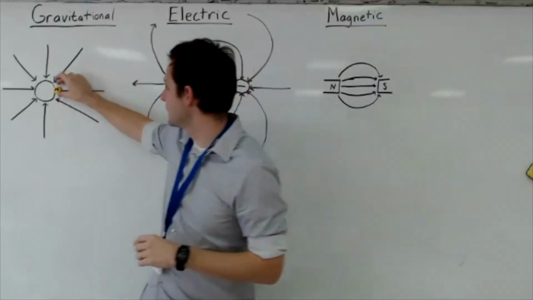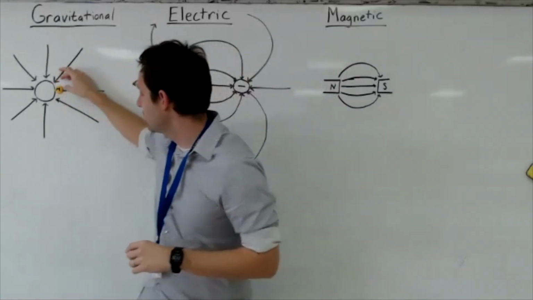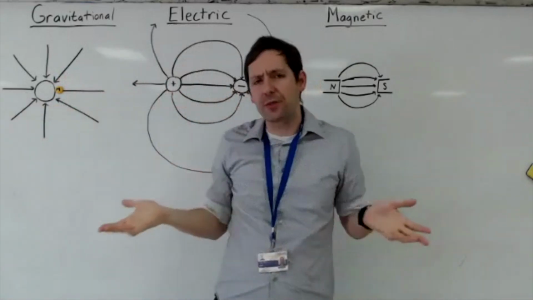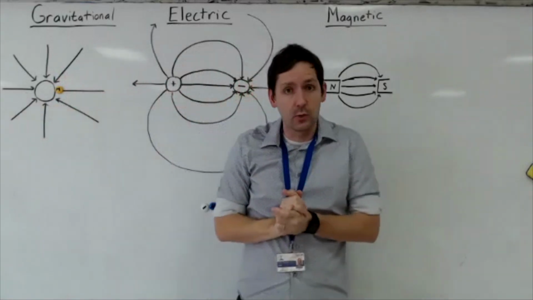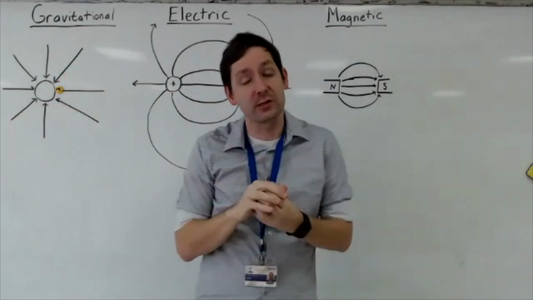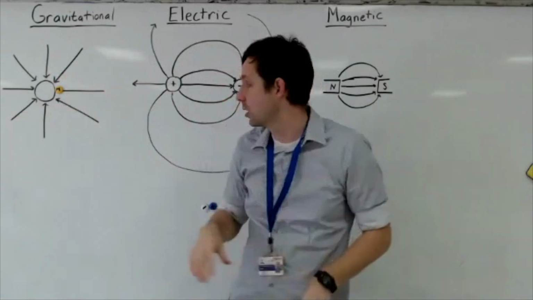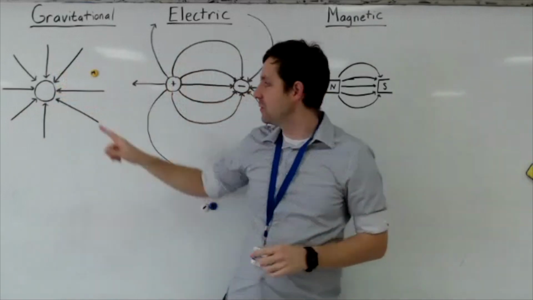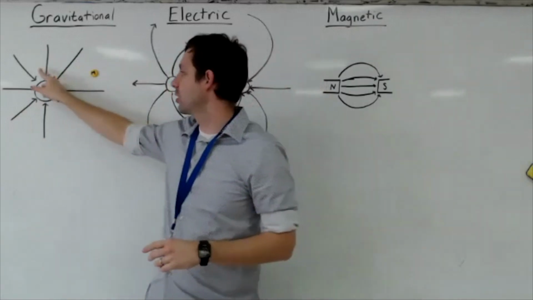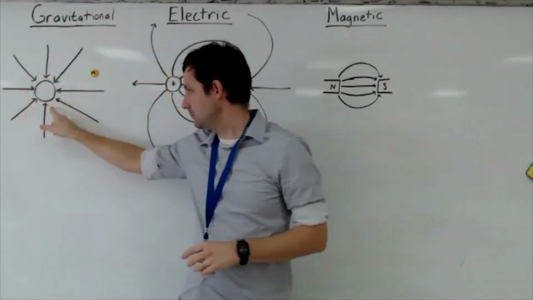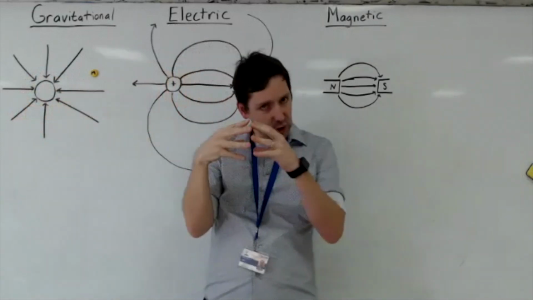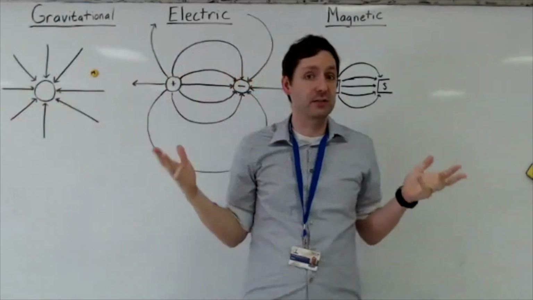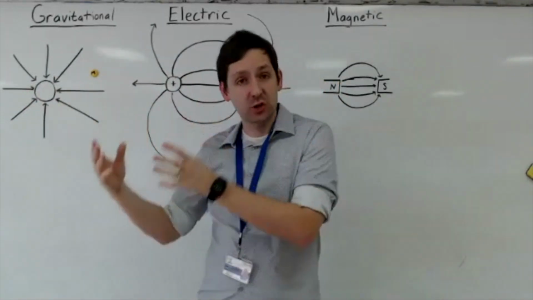You'll notice that as I'm closer to it, those field lines are closer together, which goes with the things that we already know about gravity, right? We know that as we're closer to the surface of the Earth, gravity is stronger, and as we're farther away, gravity is weaker. And so these places where you have more field lines close together, more dense field lines, mean that the gravitational field is stronger.